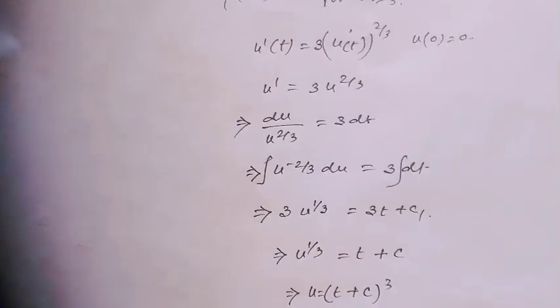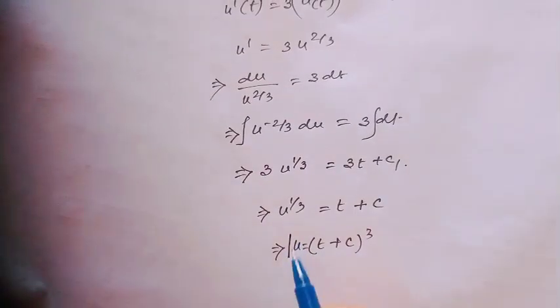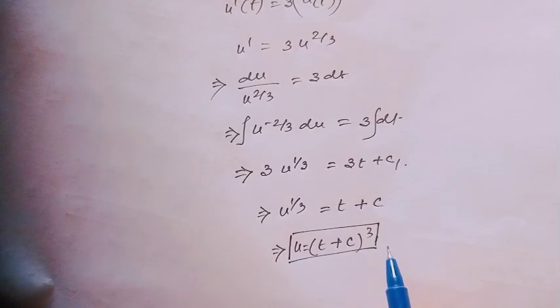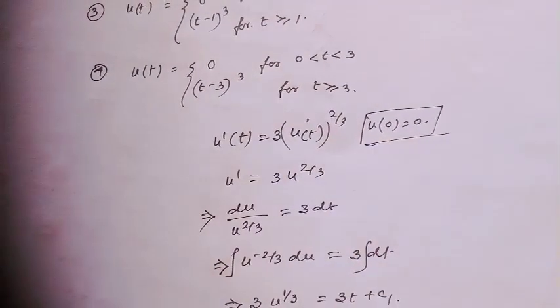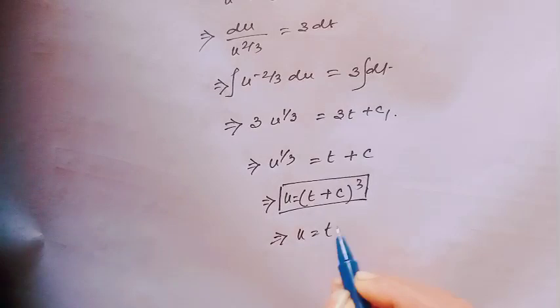At first I will see how the solution looks. By separation of variables I will get u equal to (t plus c) whole cube. This type of solution exists, and here the initial condition is u(0) equal to 0. After putting the initial condition I will get u equal to t cube.